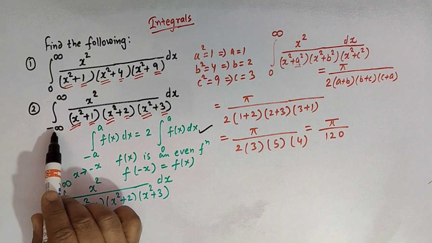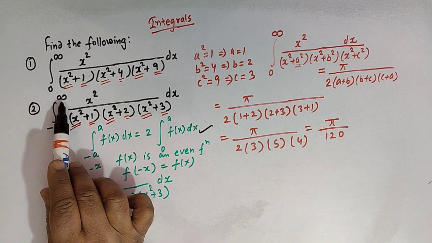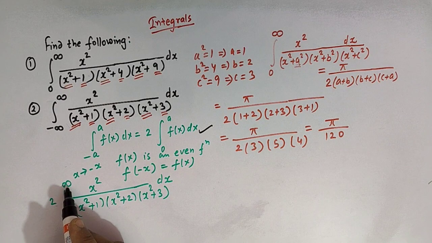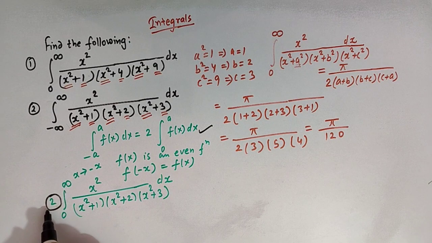The limits were minus infinity to infinity; now we have 0 to infinity, but with an extra factor of 2.